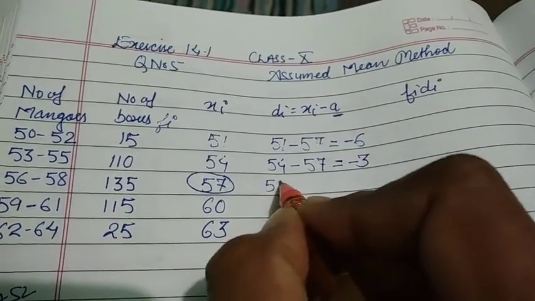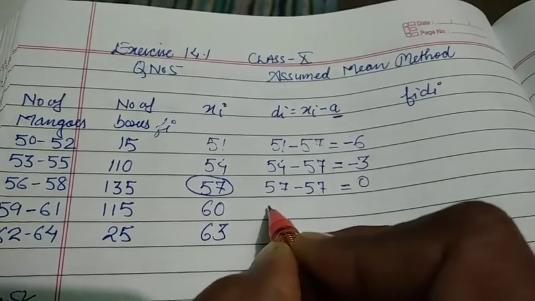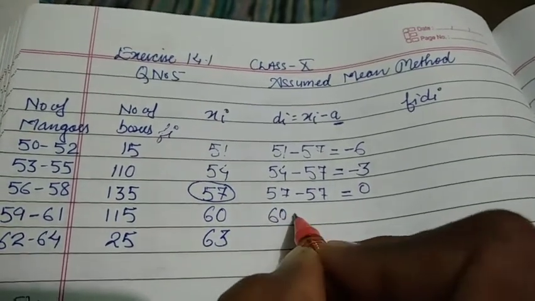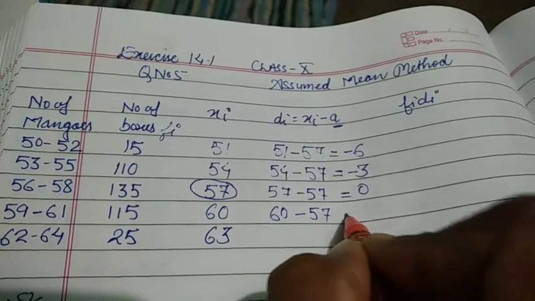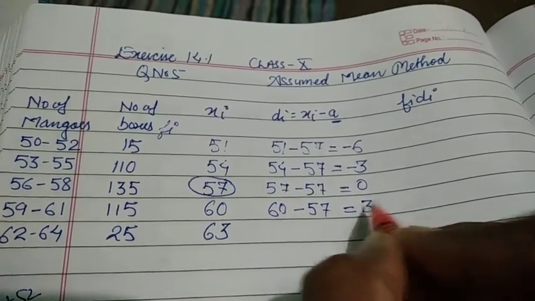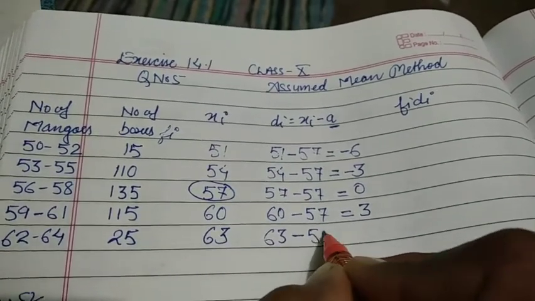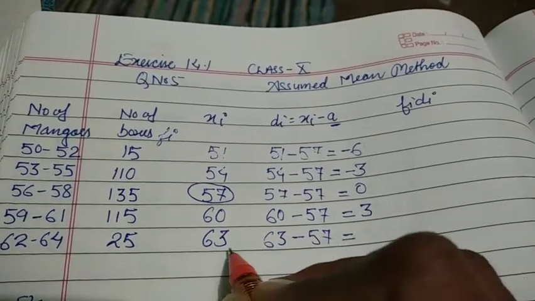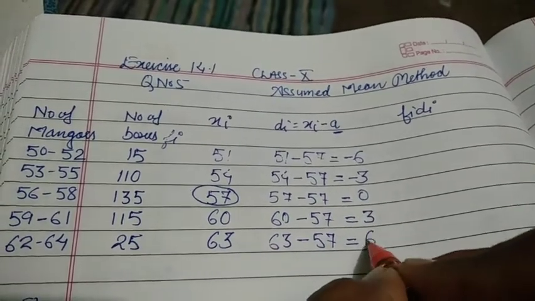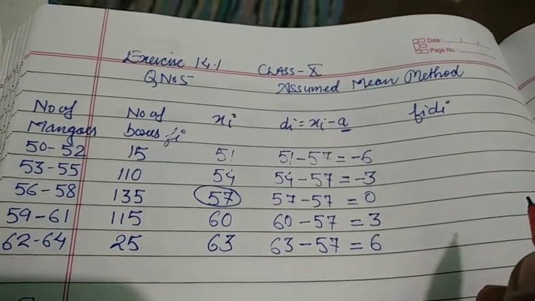Again 57 minus 57, you'll get 0. Next 60 minus 57, you'll get 3. And 63 minus 57 will be equal to 6, right?